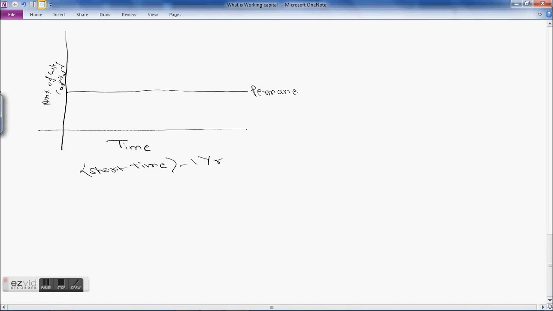This is permanent capital, whereas your temporary capital will keep on fluctuating depending on your season. So this is temporary capital.